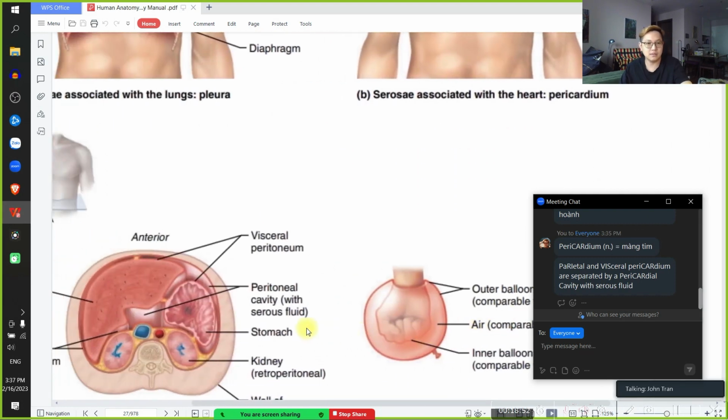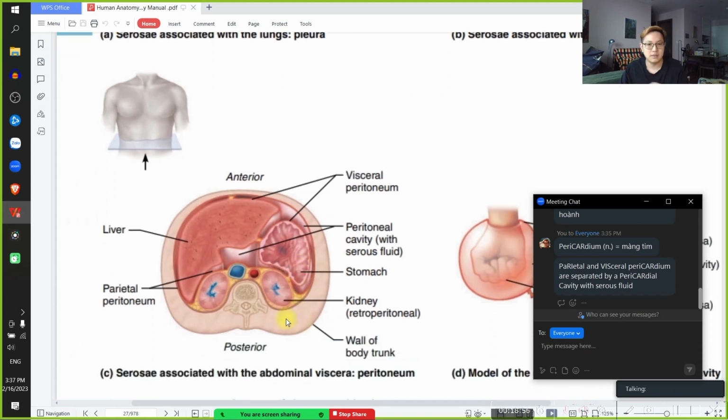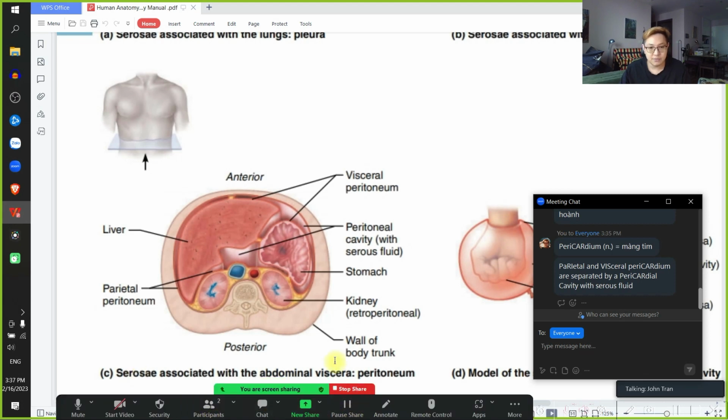Đây. C is serous associated with the abdominal viscera. Abdominal viscera means like abdomens and its organs, okay? We have the name peritoneum.